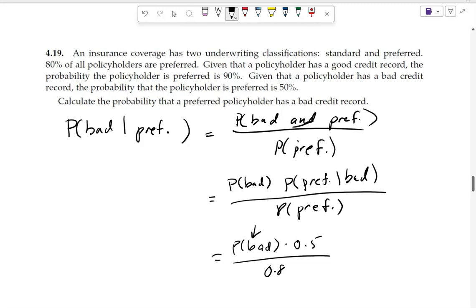All right, so how do we get the probability of bad? How do we get there? Something with the probability of having.